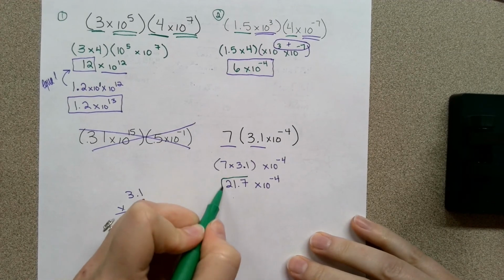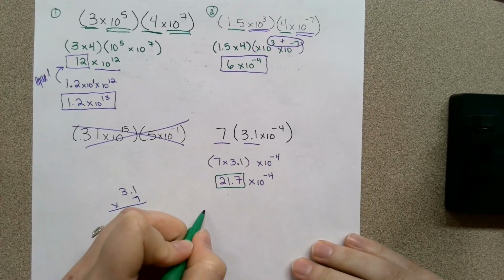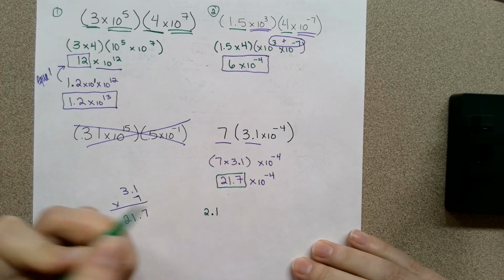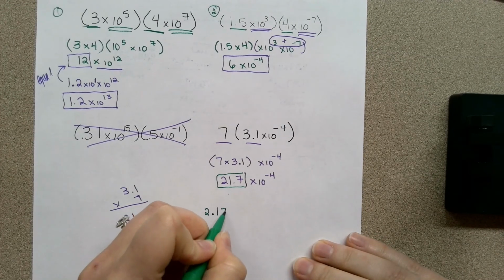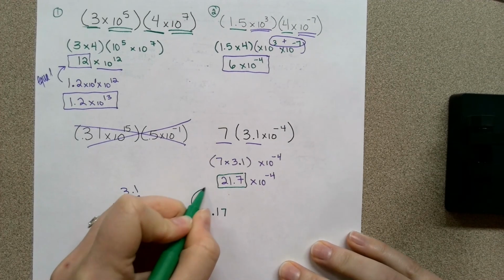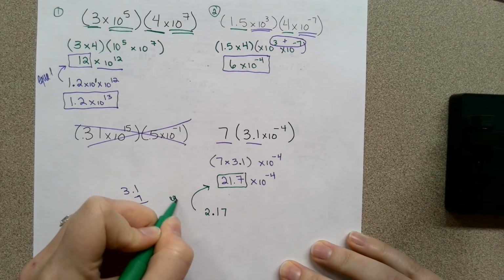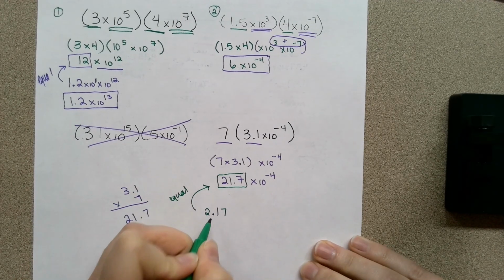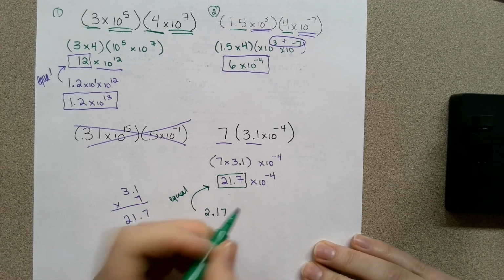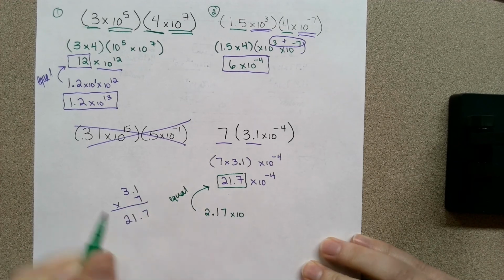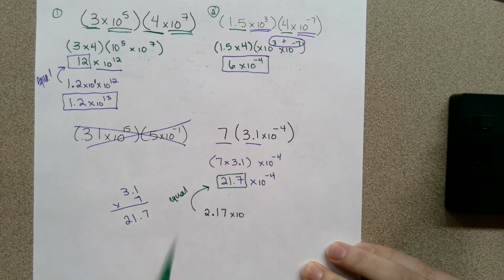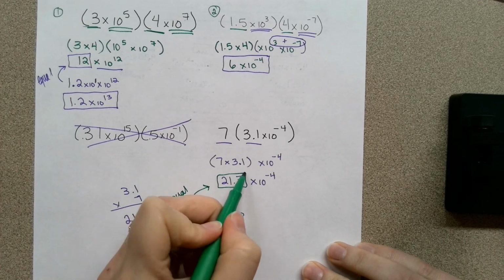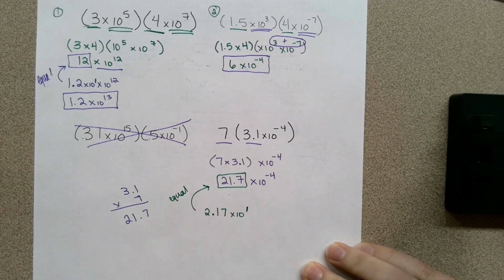So we'll need to rewrite this number as 2.17, but we want it to have the same value. We want them to be equal. So to bring this 2.17 back up to 21.7, we would need to multiply it by 10, and now they are equivalent. Notice it's a 10 to the positive 1 exponent.